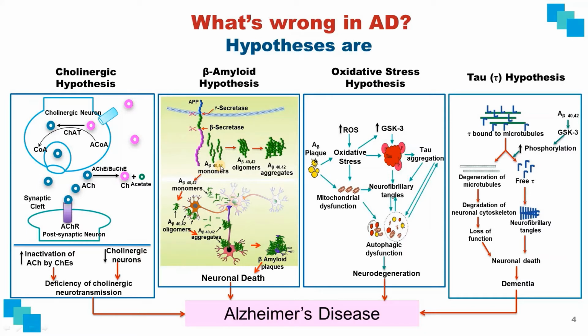Aggregation of these two abnormal proteins causes precipitation of extracellular beta amyloid plaques, shown here in green. They induce neuronal death and Alzheimer's.